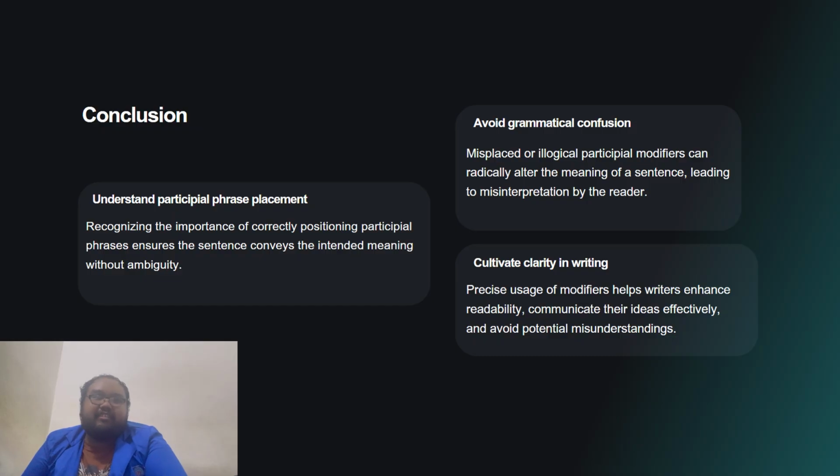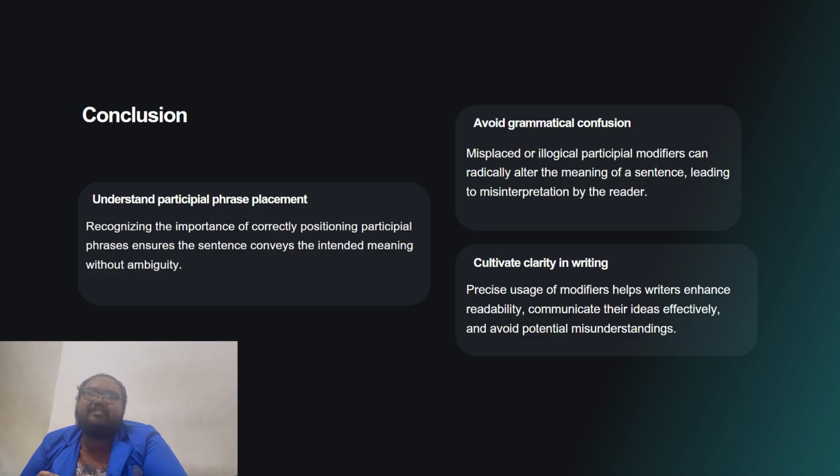For conclusion, understanding participial placement, recognizing the importance of correctly positioning participial phrases, ensures that sentences convey the intended meaning without ambiguity. Avoid grammatical confusion.